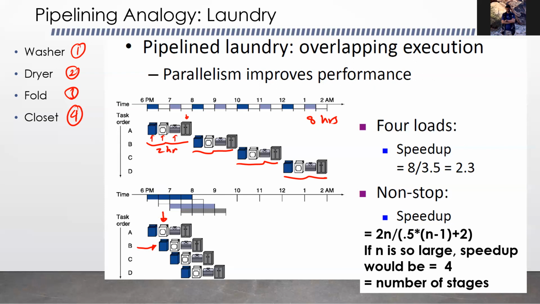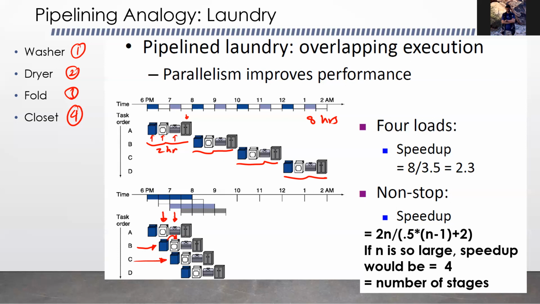Because it was empty. That's very intuitive. Once user A starts folding, the dryer becomes free, so user B can use the dryer while user A is folding. Since user B has left the washing machine, user C can start using the washing machine.